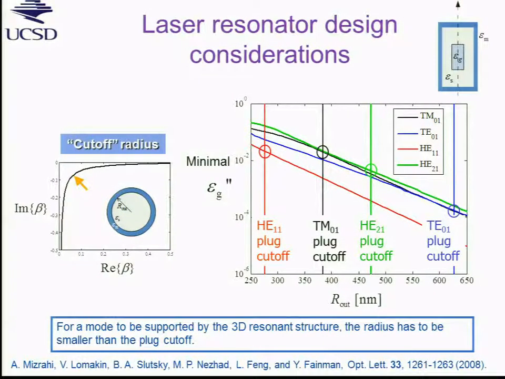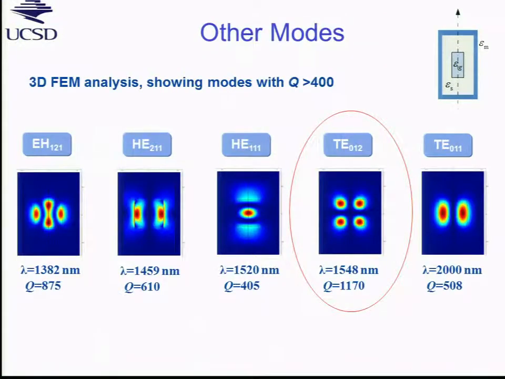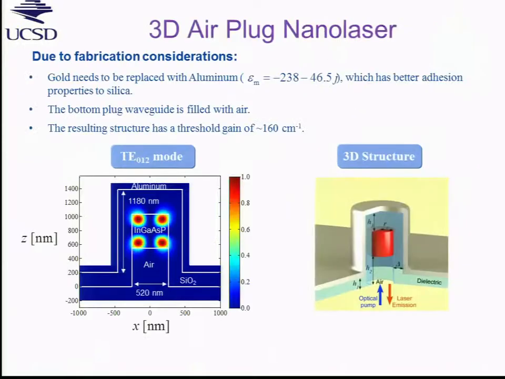So that's the mode of choice that we use to make the laser. This is, again, a plot of other modes, and you can clearly see that the Q for the TE012 mode is the highest.